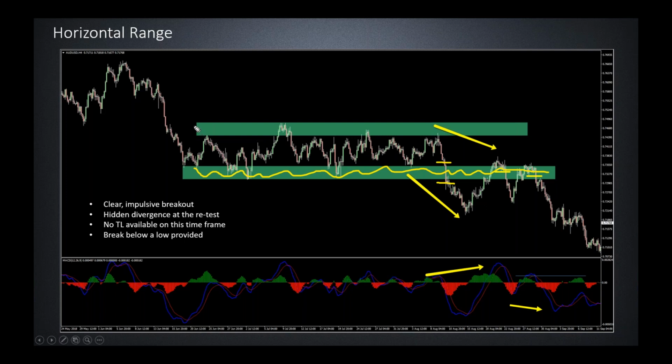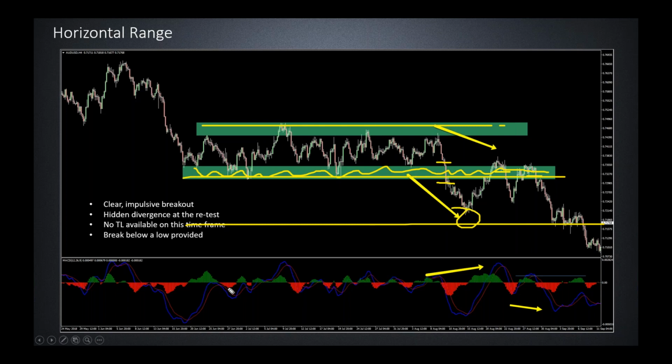Then you calculate the range size and the duplication of this range size, and you look for the target towards this duplication, or once the divergence starts forming against you, and then you close it.